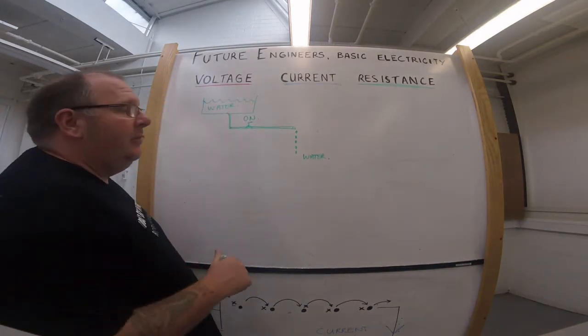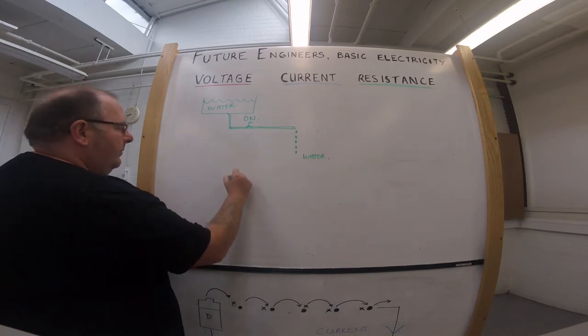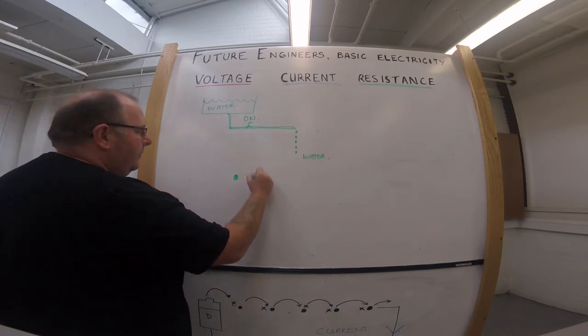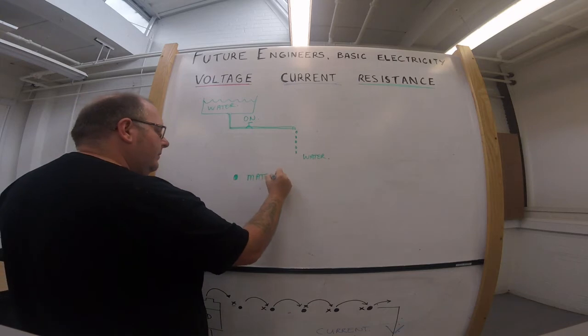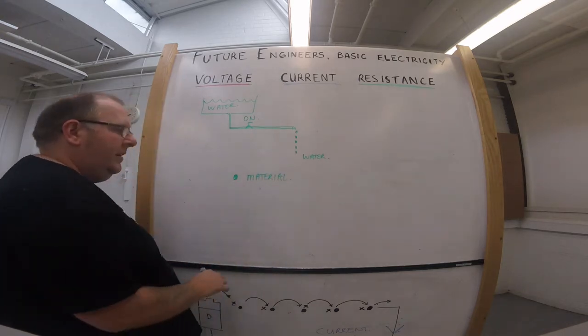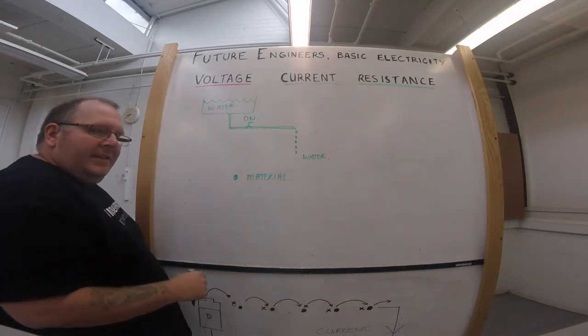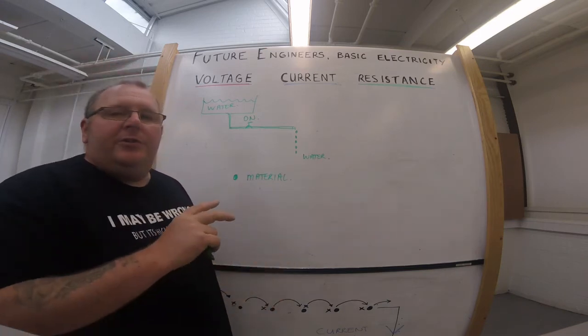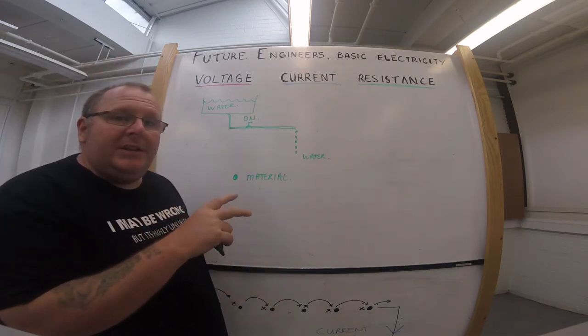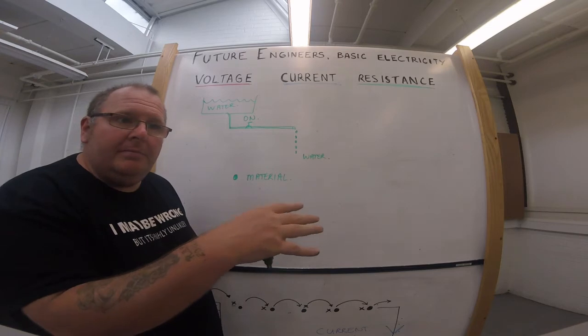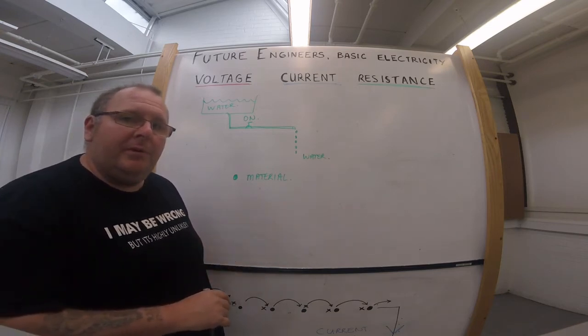Resistance is governed by a couple of things. So one, the material. And that is down to how many electrons that material has in its atoms that are free to move around. You know?